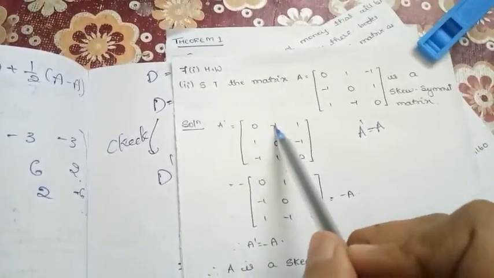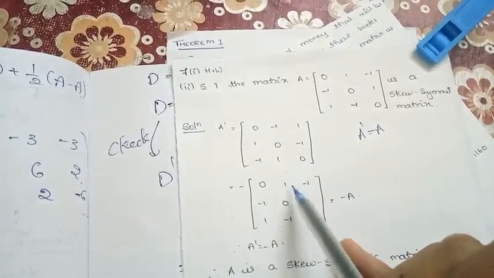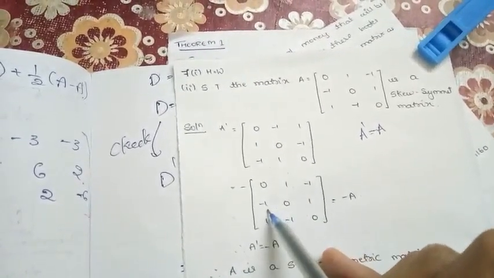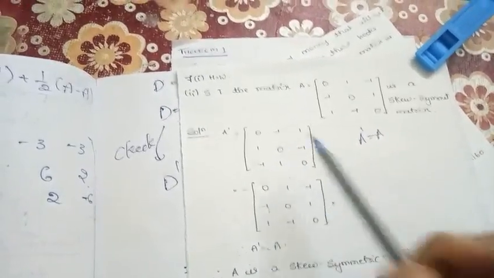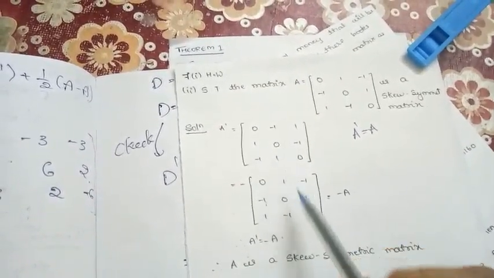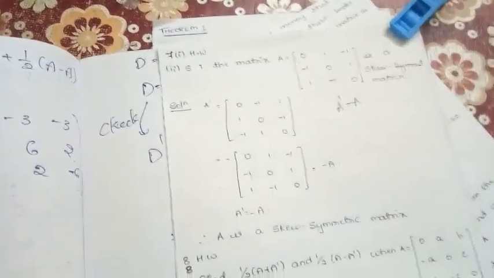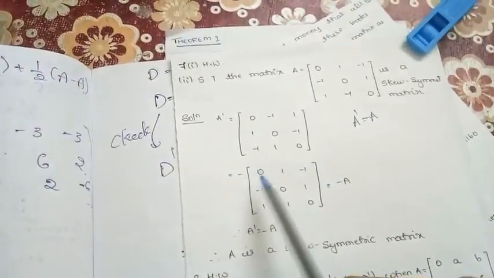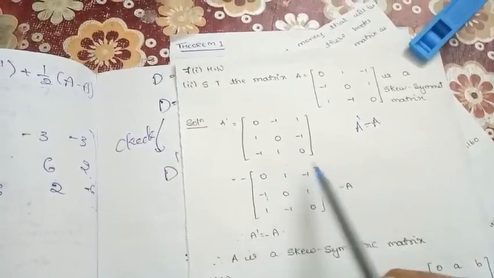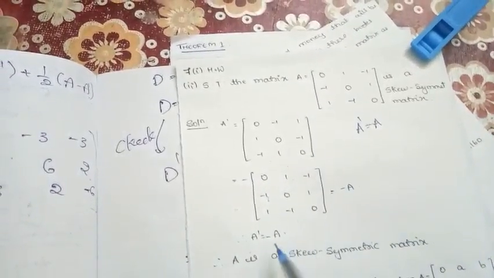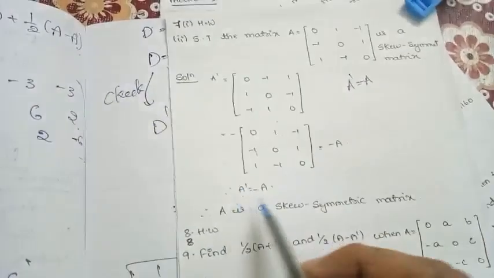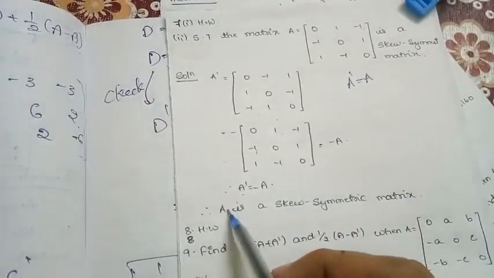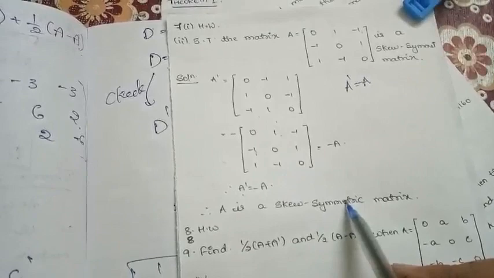So 0 as it is, 1 becomes minus 1, minus 1 becomes 1, 0, minus 1 becomes 1, 1 becomes minus 1, 0, 0. So by taking the negative outside from each and every term, the matrix obtained is nothing but our given matrix. So you can see here A transpose is equal to minus A. So when A transpose is equal to minus A, the matrix A itself is a skew symmetric matrix.